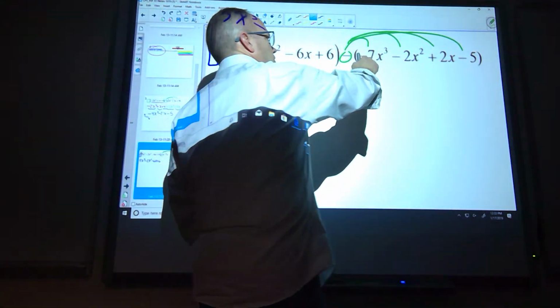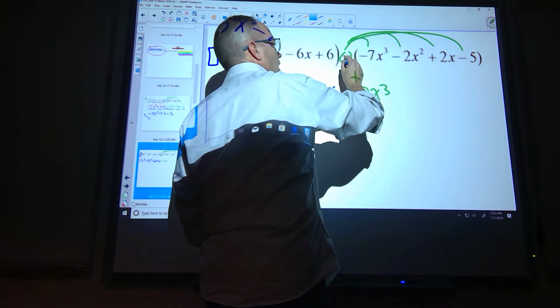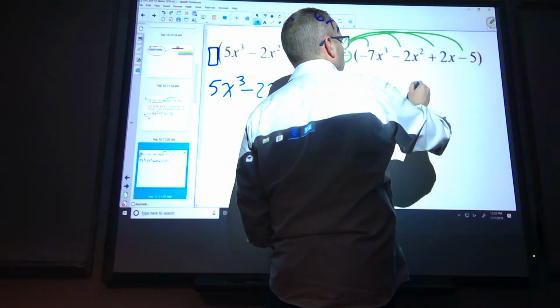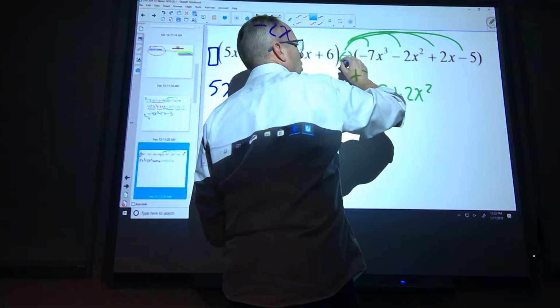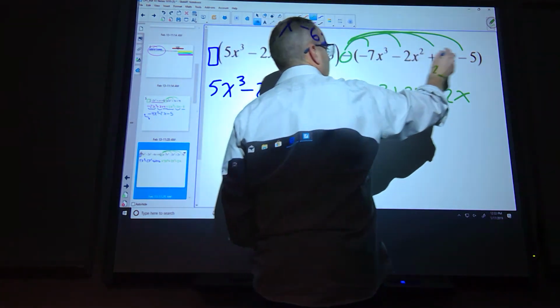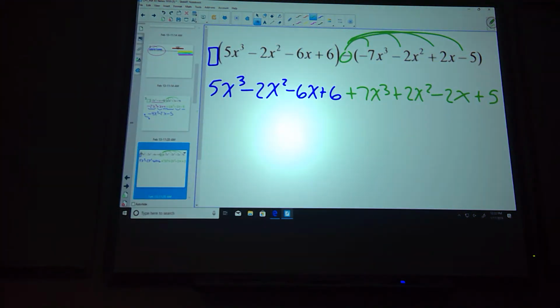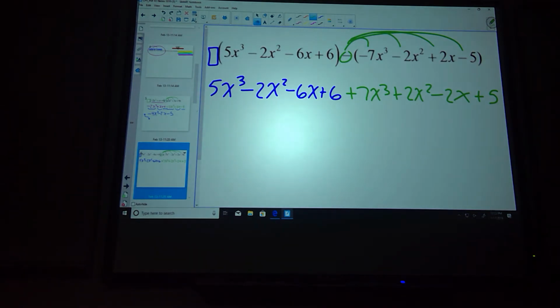Okay? So it changes the negative 7x to the third to positive 7x to the third. It changes the negative 2x squared to the positive 2x squared. It changes the positive 2 to negative 2x. And it changes the negative 5 to positive 5. You feel comfortable with that? So all those signs changed because I had to distribute over to the right the negative.